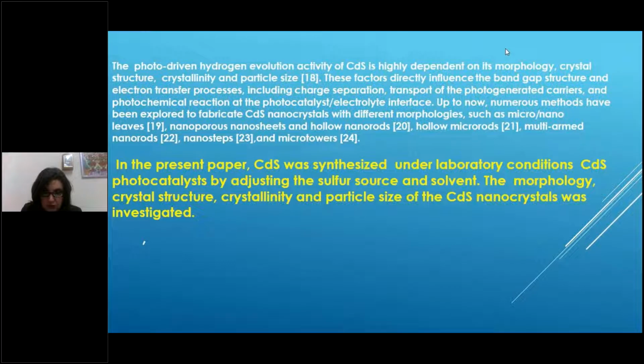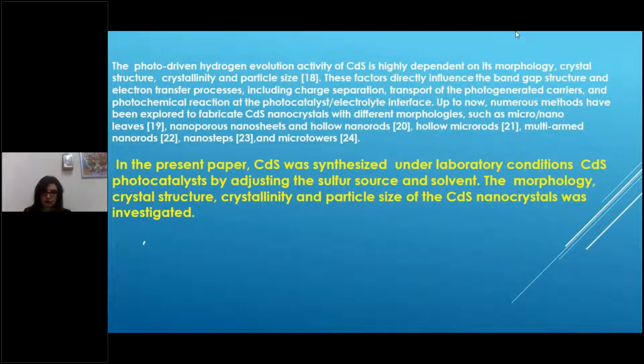Up to now, a lot of methods have been explored to fabricate cadmium sulfide nanocrystals with different morphologies, such as microspheres, nanoporous nanosheets, hollow nanorods, hollow microrods, multi-arm nanorods, nanosteps, and microtowers.